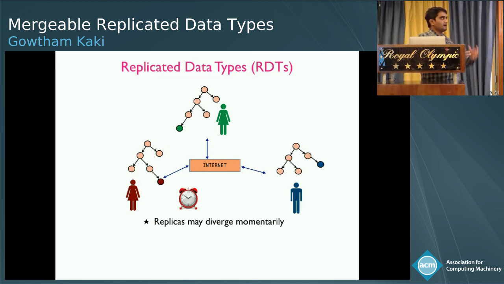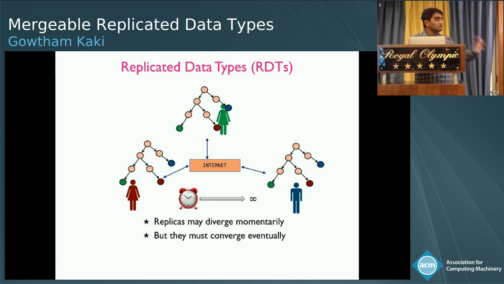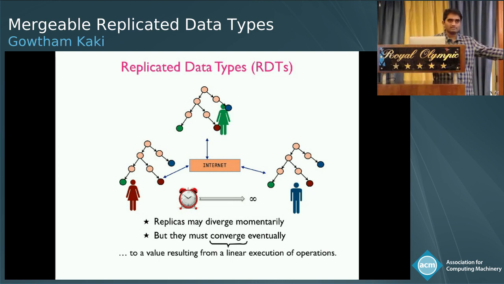So the objects of replicated data types have momentarily diverged because instantaneous synchronization is not possible in this setting. However, the updates are supposed to eventually reach all the replicas. So all the replicas of this data structure are supposed to converge eventually, and converge not just to any value, but to a value that preserves the effects of all the operations done so far.